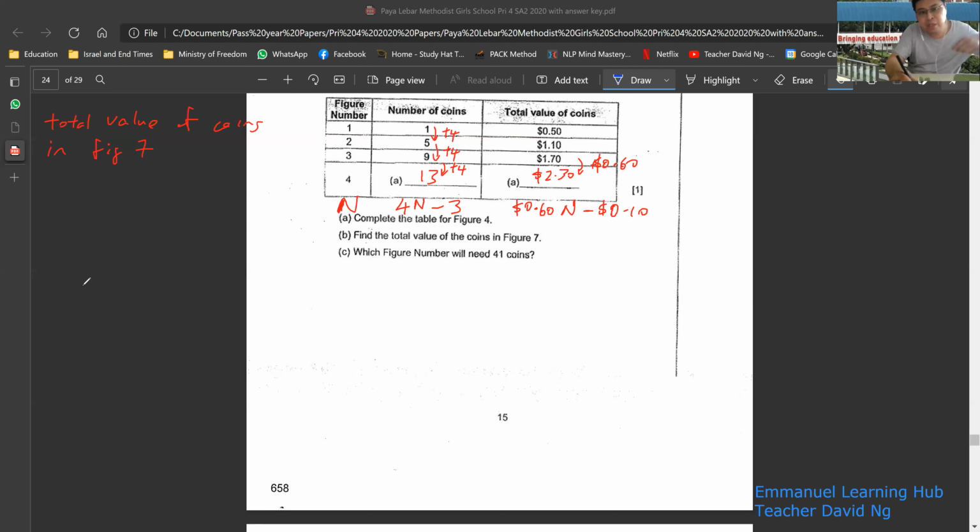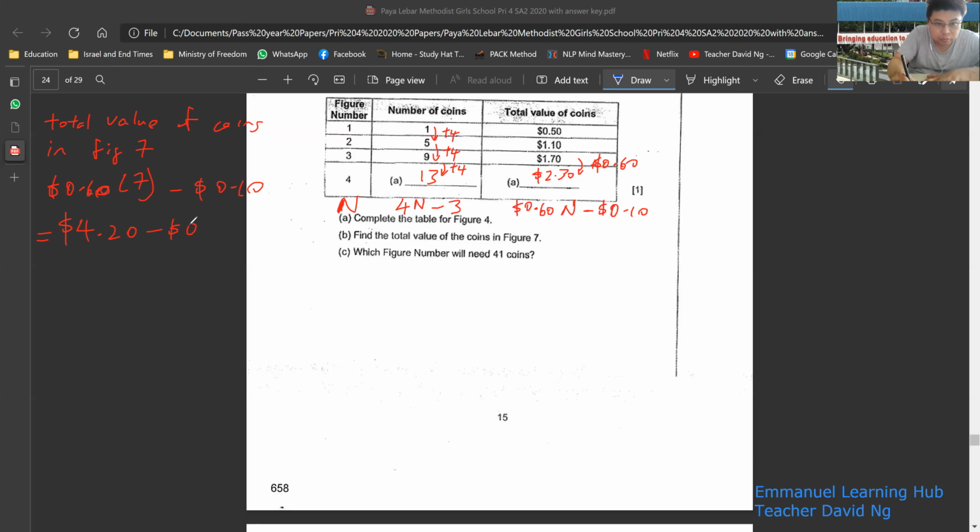Okay, so 0.6, instead of times n, I times 7. 0.6 times 7 minus 10 cents. 0.6 times 7 is how many? 0.6 times 7 is 4.2, because 6 times 7 is 42, right? So 0.6 times 7 will be 4.2.